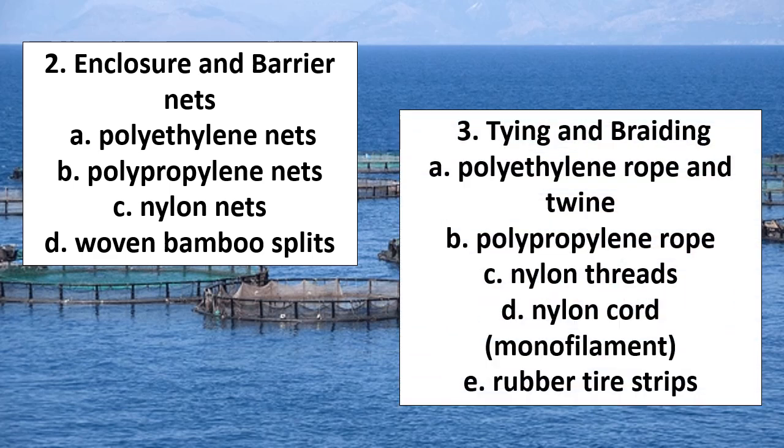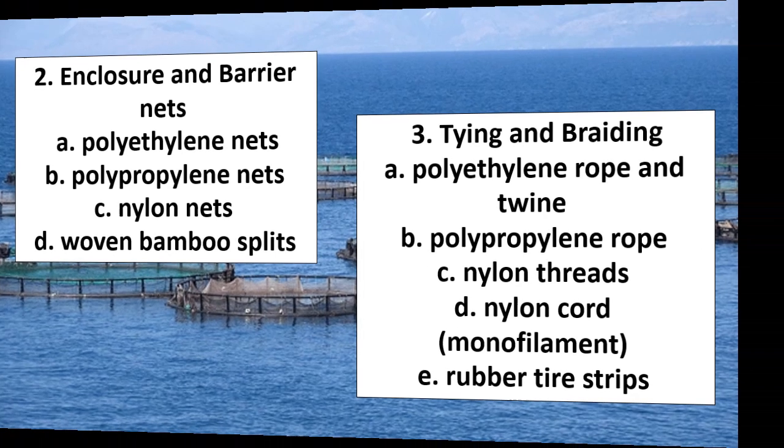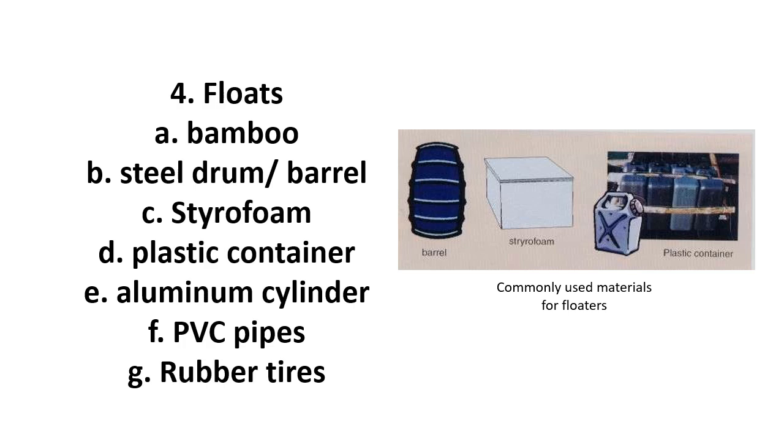For tying and braiding, we can use the following materials: polyethylene rope and twine, polypropylene rope, nylon threads, nylon cord, and rubber tire strips.